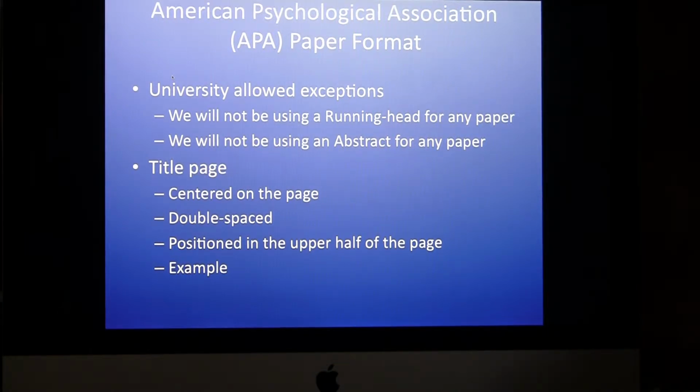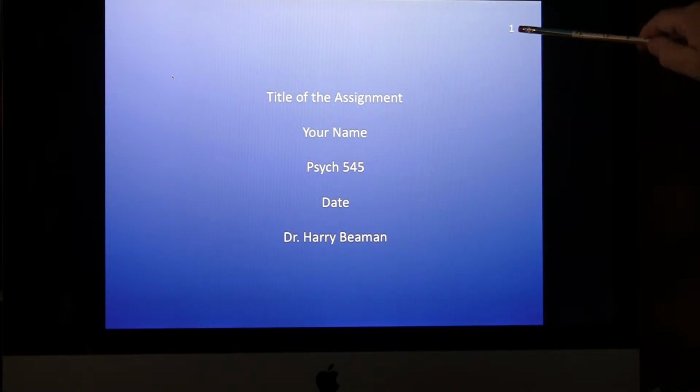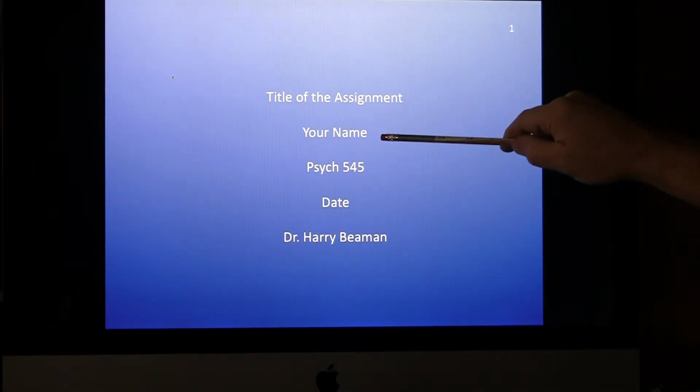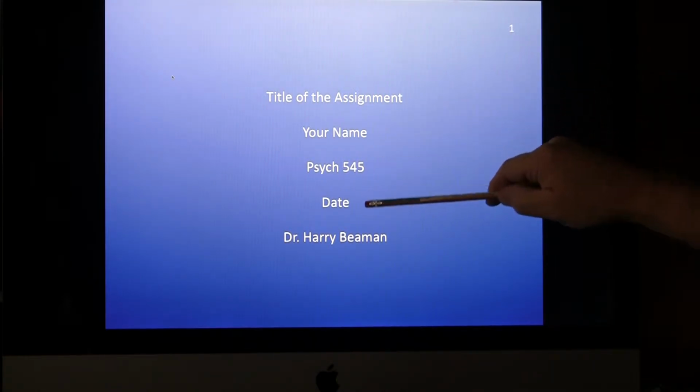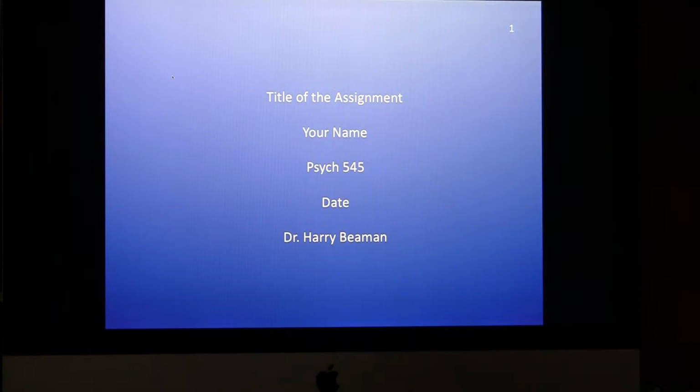Here's an example. You'll notice the page number is up in the top margin, the title of the assignment, your name goes here, Psych 545 here, the date that you completed the assignment, and my name goes here. That's all that goes on this page, nothing else.